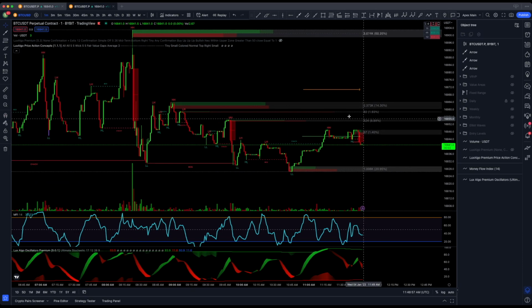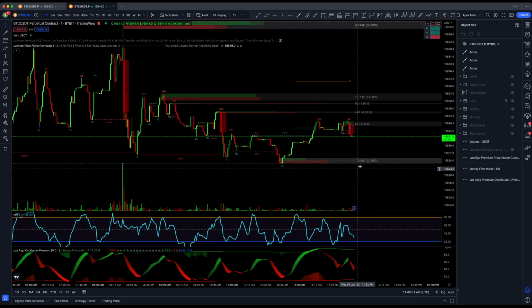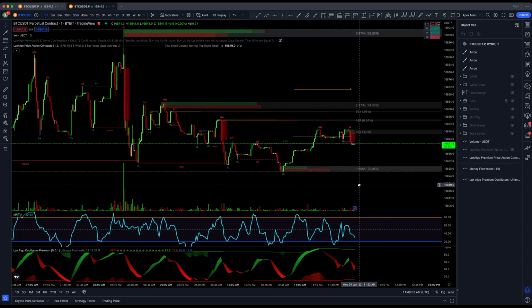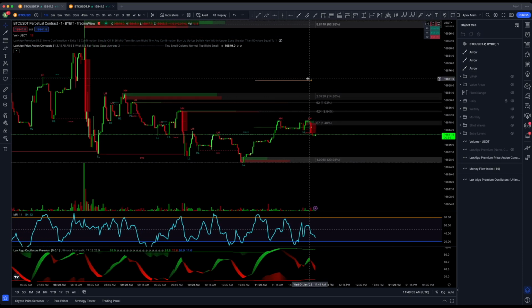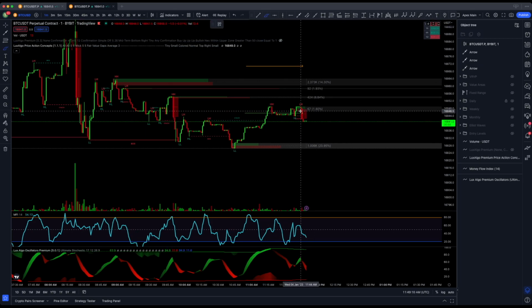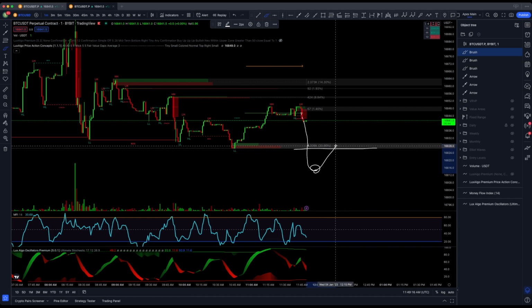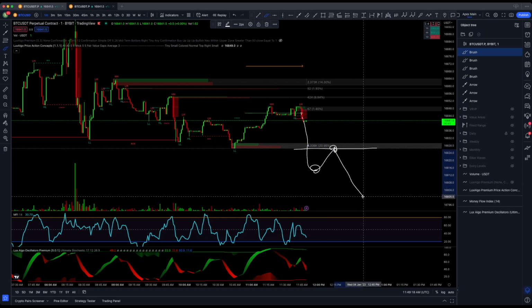Right, so we are now in profit, which is good. I'm not going to start moving my stop loss. The only time I would move my stop loss is if price starts to do this, right? So price comes down and breaks this structure here, which is your lower low. Then we come back up to retest, and then we move down.